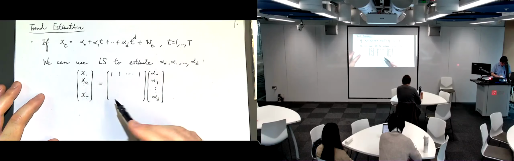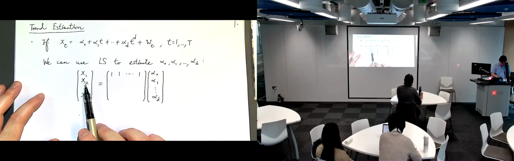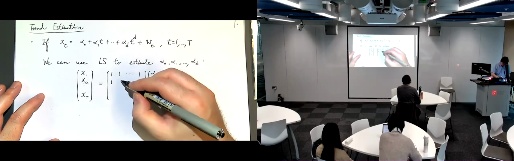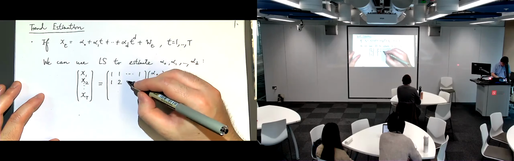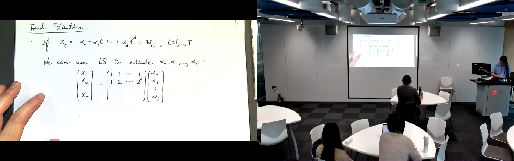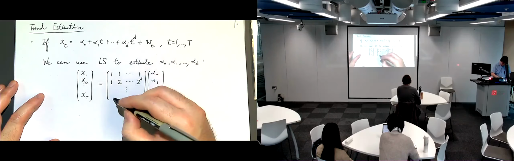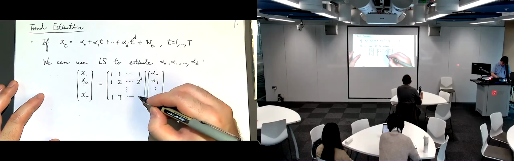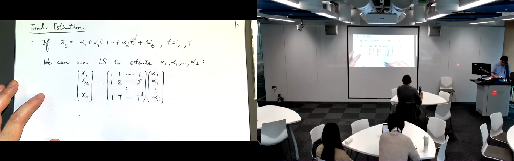Now how about if you put t equals 2? Well, this is 1, and then this is 2, and then 2 squared, and in the end 2 to the power d, something like that, right? Etc., etc. So it's 1, and then t squared, and then up to t to the power d.